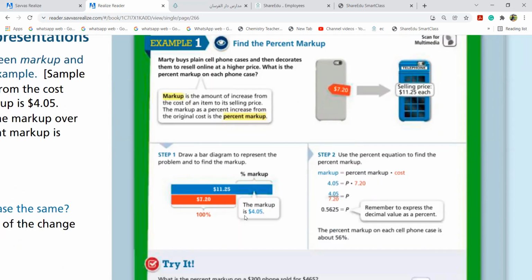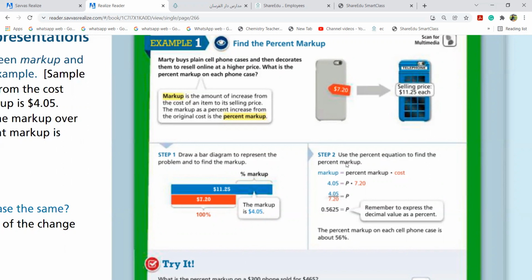Now, how much is the markup? How do you get that? You subtract: 11.25 minus 7.20. You subtract the cost price from the selling price. Original cost was 7.20. But how much was the selling price? You need to learn this.